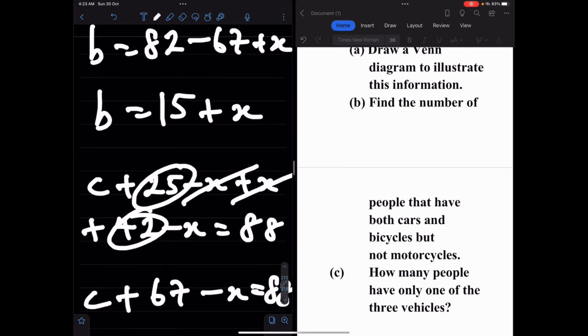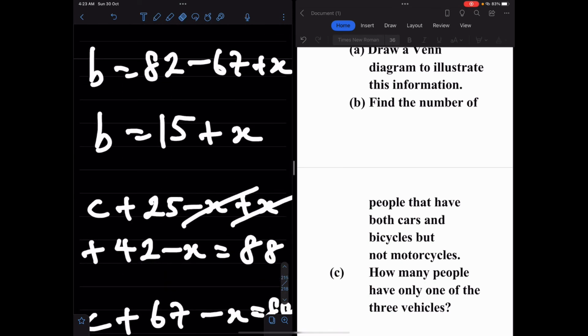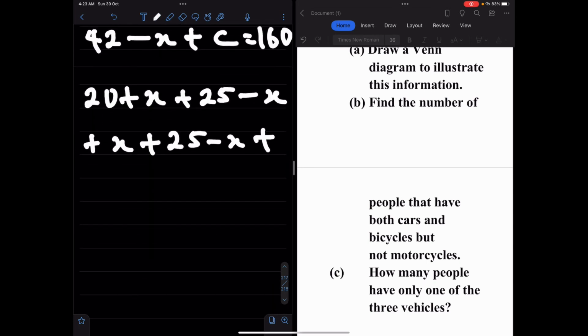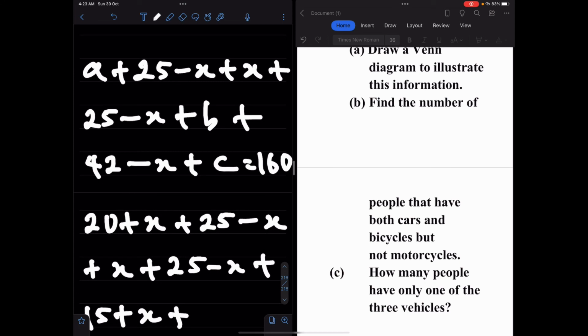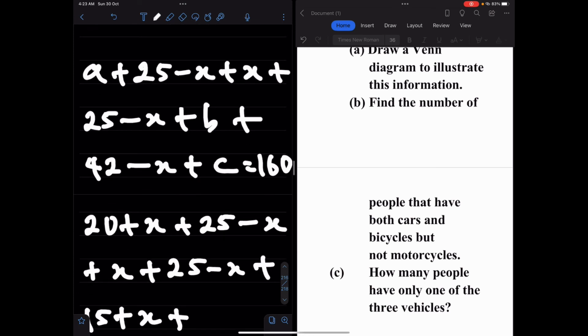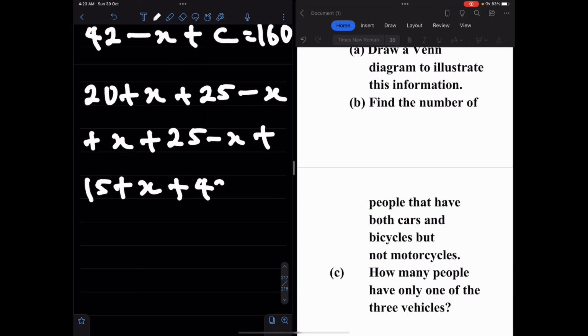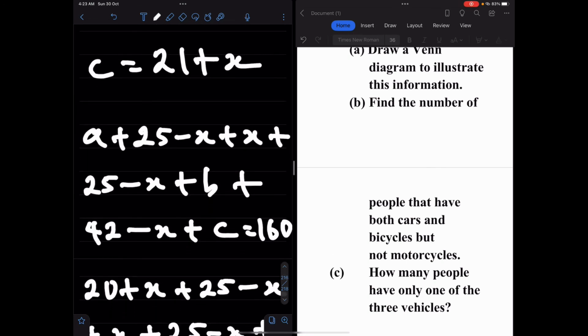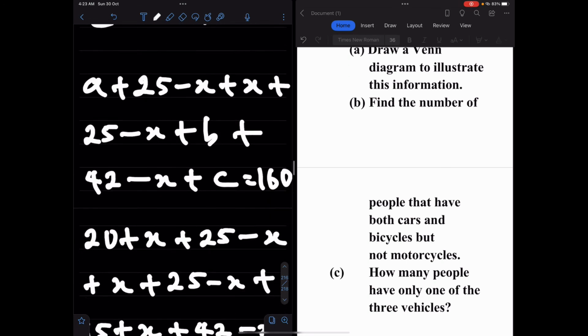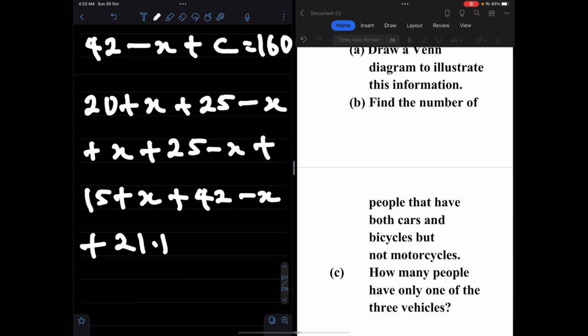What is b? B is 15 plus x plus 15 plus x plus 42 minus x, plus 42 minus x plus c. What is c? 21 plus x plus 21 plus x equals 160.